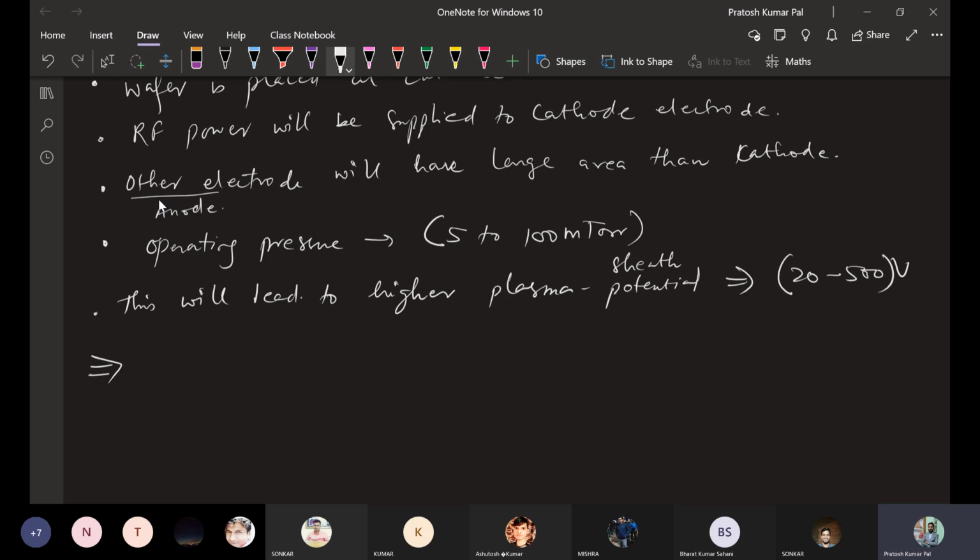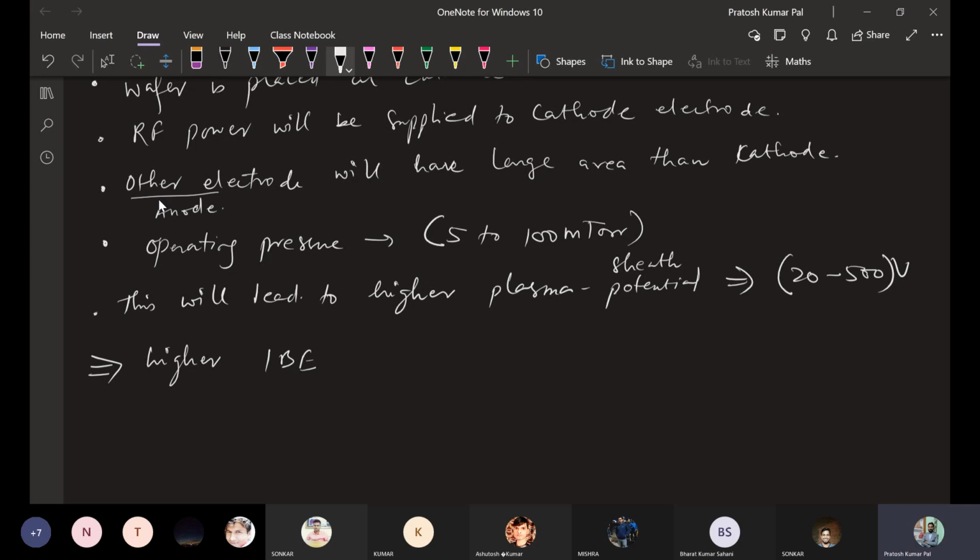As it has higher plasma sheath potential, it will have higher ion bombardment energy. Okay, so as it has higher ion bombardment energy, it will basically damage the semiconductor surface.